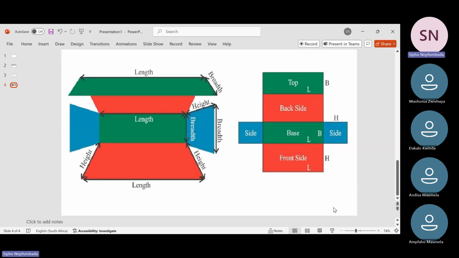Yes. So we're going to have that length, and on this side we're going to have the length and the breadth. It's simple like this when it is shown.